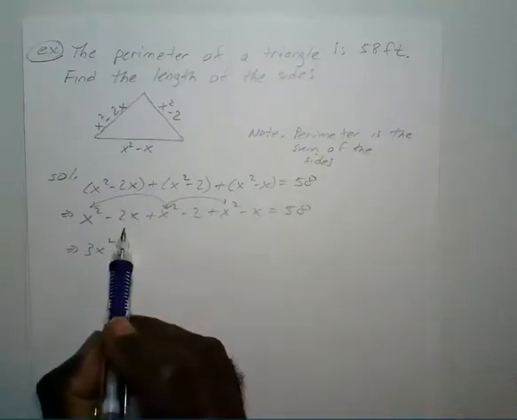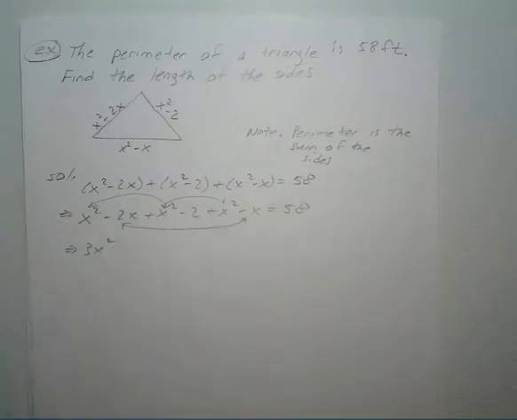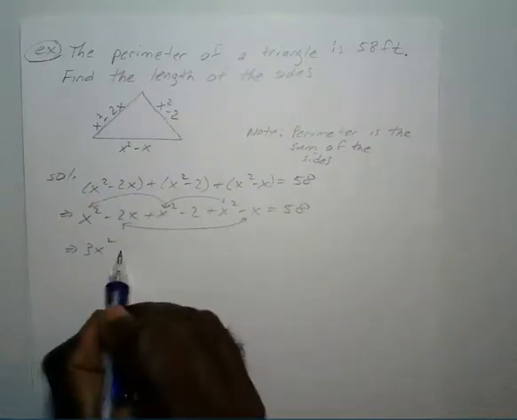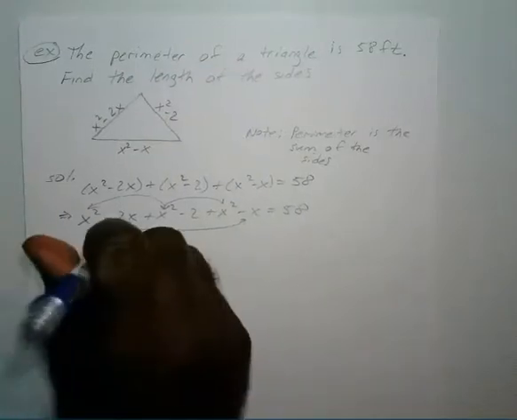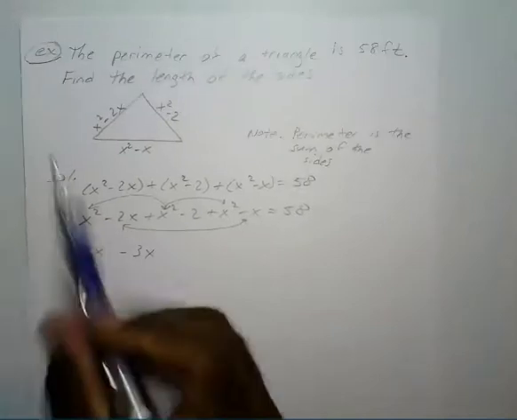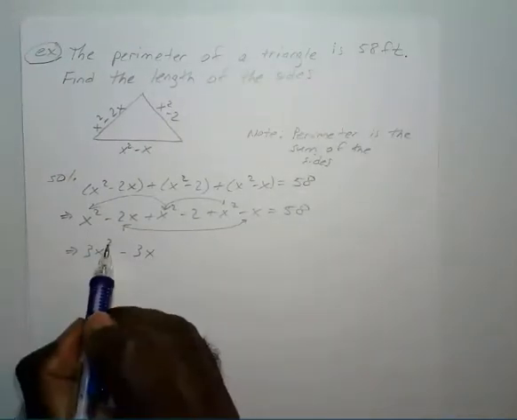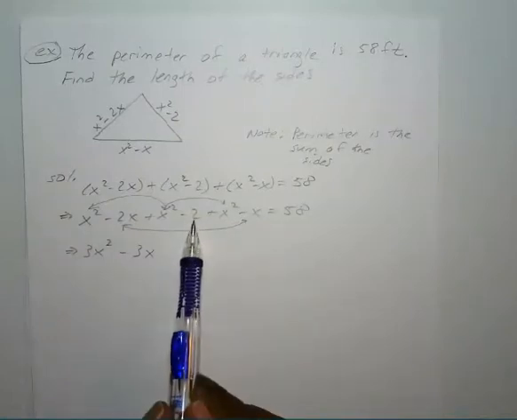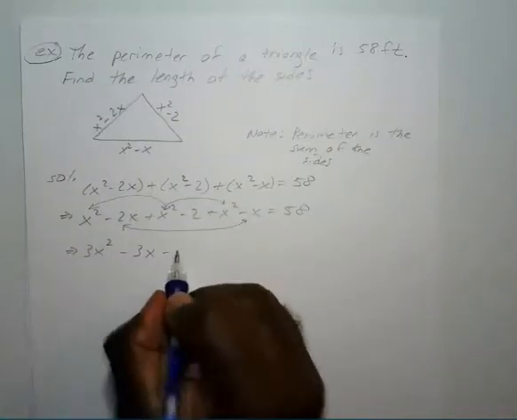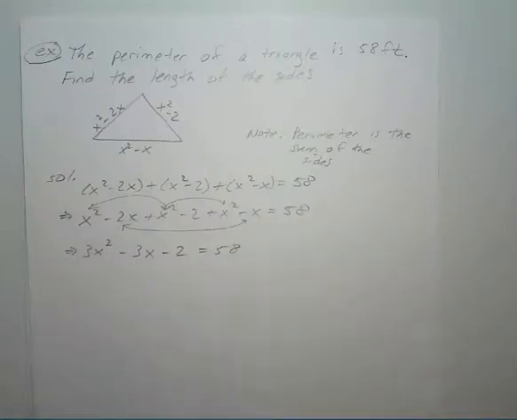Okay, we even have the minus 2x and minus x. So that's minus 3x. Let me clean up that square a little bit. There we go. And we just have the minus 2, so that minus 2 stays there, equals 58.